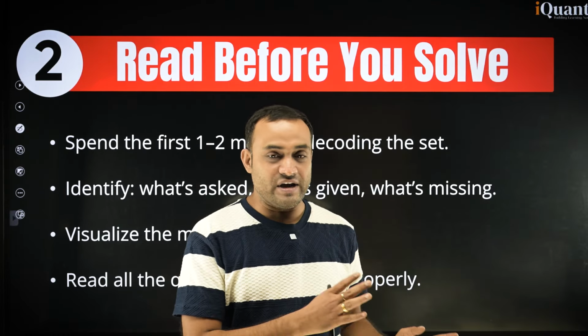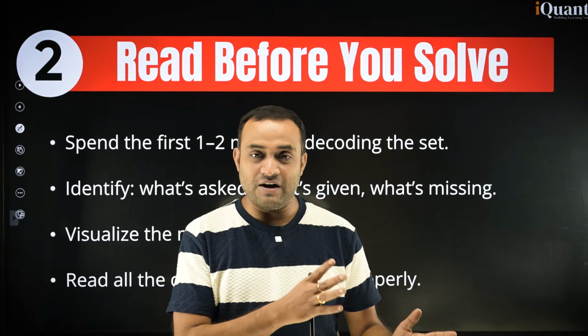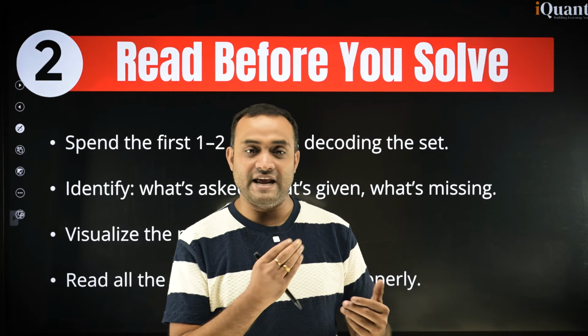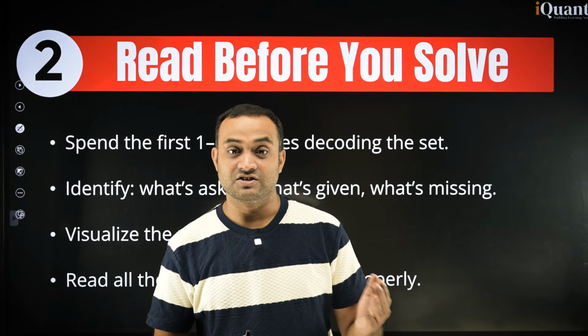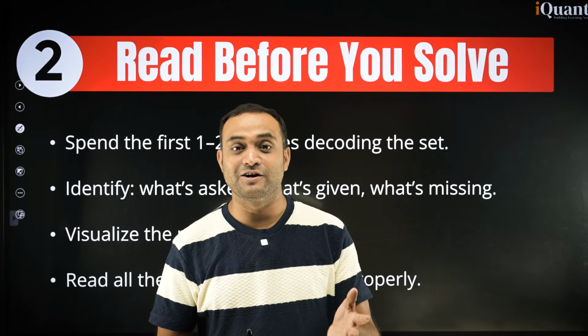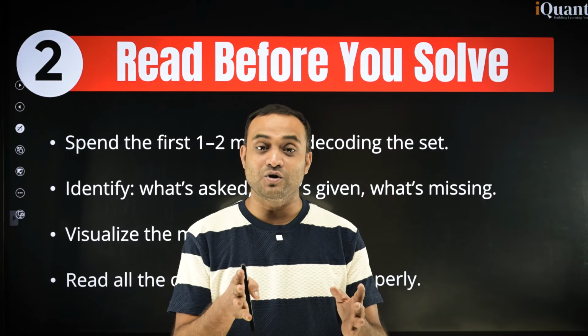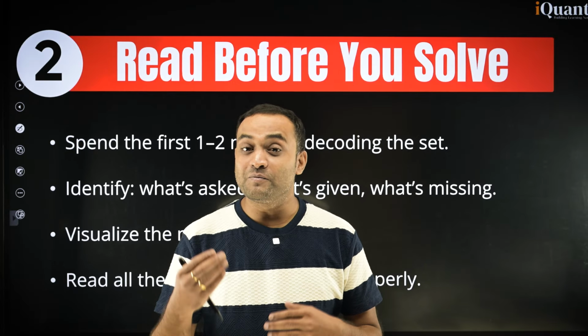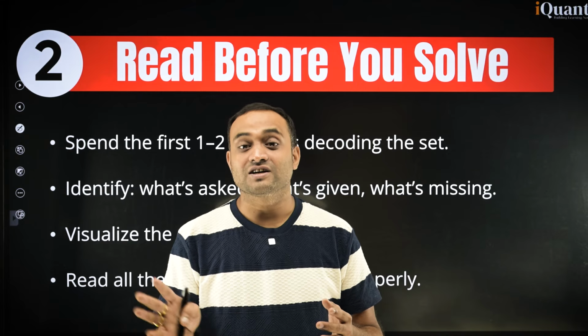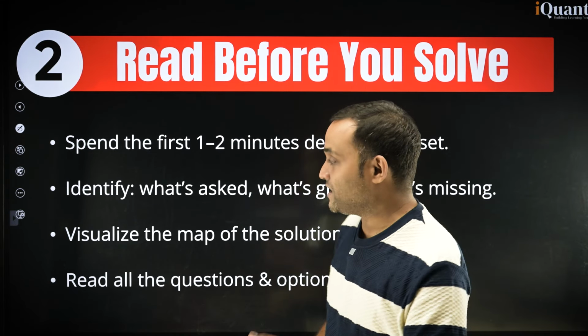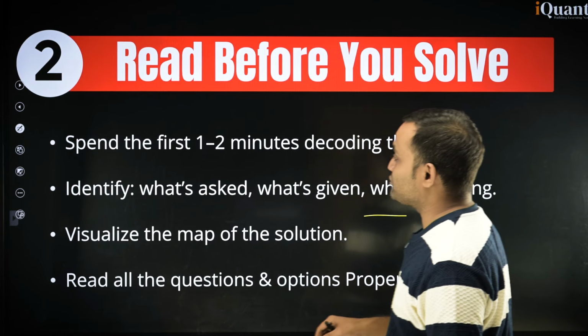Who is sitting left of B? Option A, C. Option B, D. Option C, C or D. Option D, cannot be determined. That gives you a proper idea that there could be multiple cases, and you will be ready before you start solving the set that there could be multiple cases and we will have to take that into account.